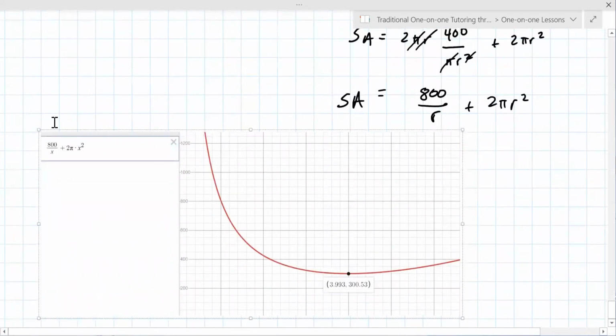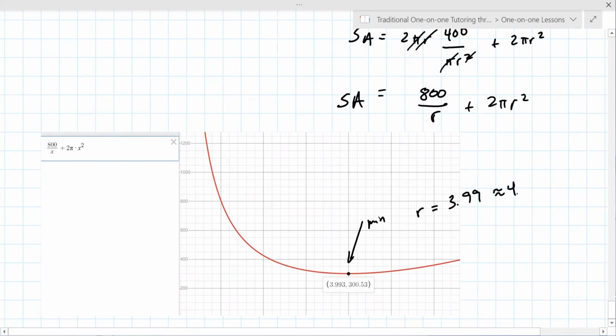I graphed this function over here, and you can see right there is the min, and that's the r value. r is 3.99, or approximately 4. Okay, so let's just say r is 4.